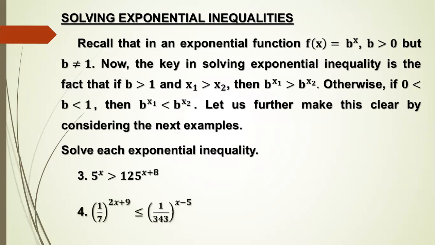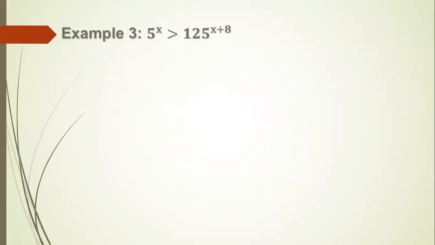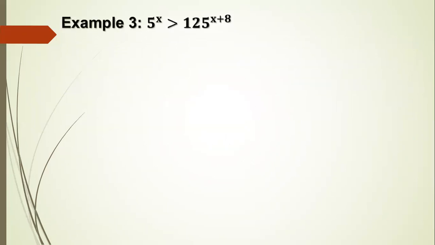And then for the fourth example, we have 1 over 7 raised to 2x plus 9 is less than or equal to 1 over 343 raised to x minus 5. So for the solution, for example 3, we have to solve this inequality. So we have 5 raised to x is greater than 125 raised to x plus 8.